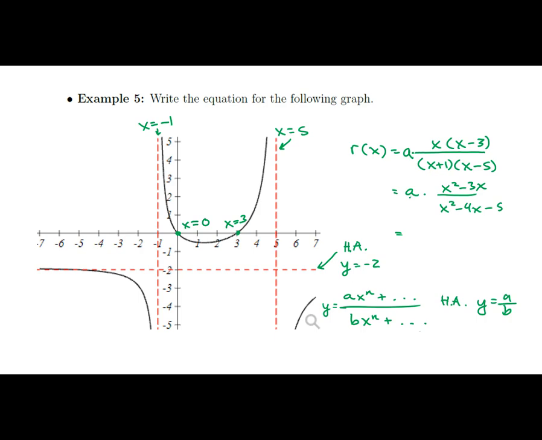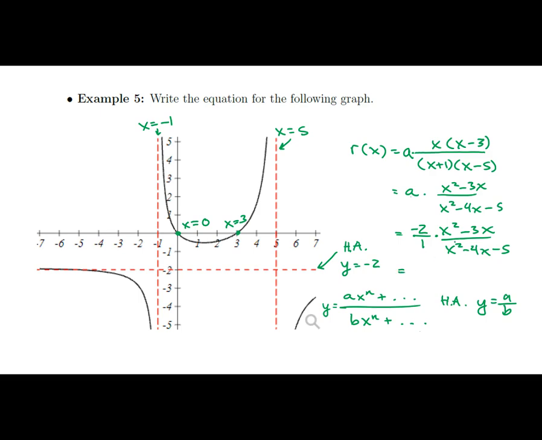Or another way of putting it is, let's let a be -2 over 1. And that way, we will make it so that the coefficient in front of the x squared is -2. The coefficient in front of the x squared on bottom is 1.